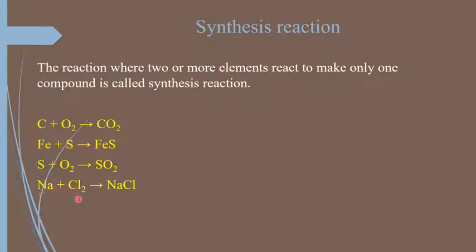Here sodium and chlorine, both are elements and they produce a compound, sodium chloride. Here magnesium and oxygen, both are elements and after reaction they produce magnesium oxide compound. Dear students, look, all these are synthesis reactions.